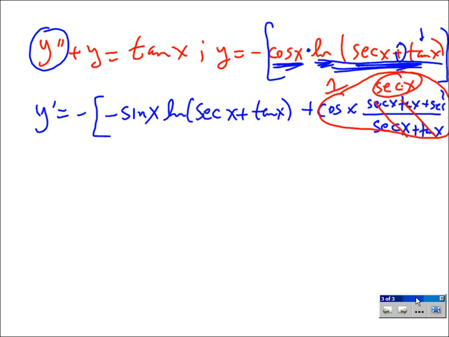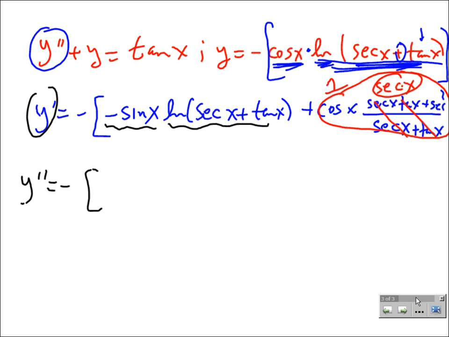But we don't want or need y prime in this problem. We need y double prime. All right. So I take the derivative of y prime. Negative. The derivative, first function, second function. In fact, I'm going to distribute the minus sign.